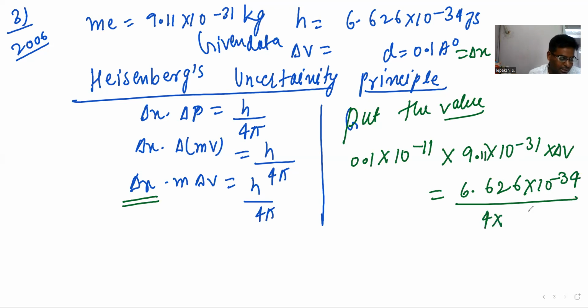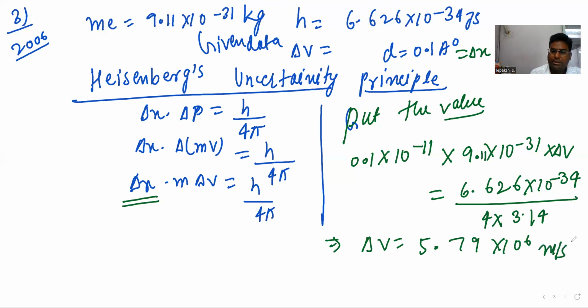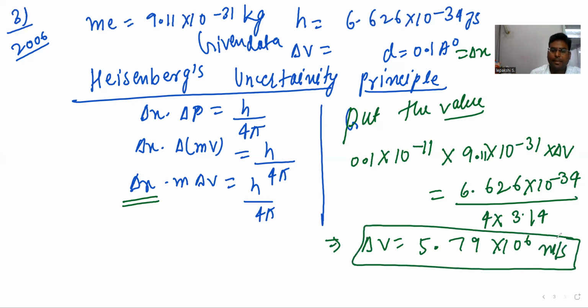Pi value we know is 3.14. So calculate the delta v value. That will come out to be 5.79 into 10 raised to 6 meter per second. Right. It is asked in 2006.